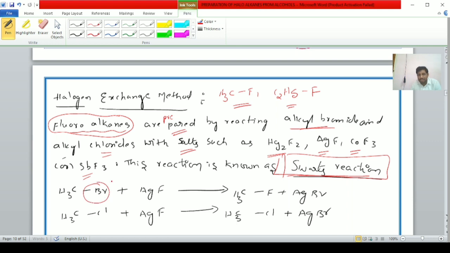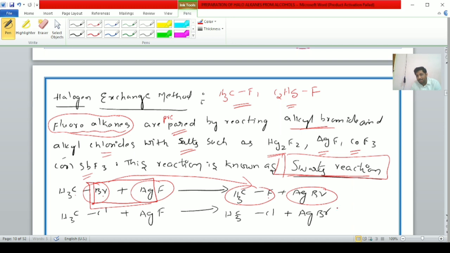This reaction's specialty, student, is alkyl halide to alkyl halide. For example, when methyl bromide reacts with silver fluoride, it forms methyl fluoride plus silver bromide. Here the mechanism is that the bromine atom reacts with silver fluoride, forming silver bromide, and methyl fluoride, CH3F, is formed.